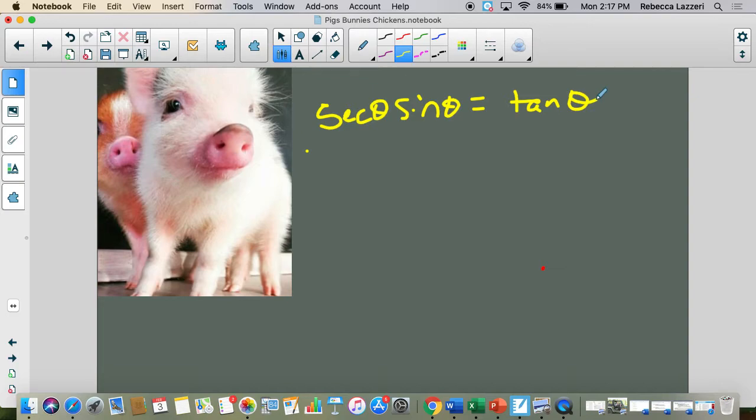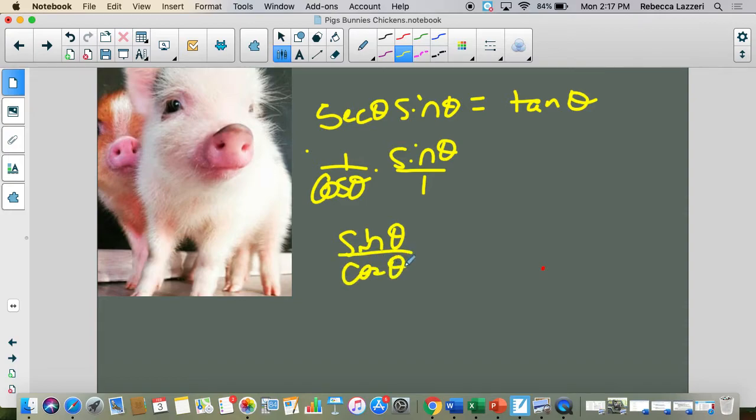Which one of those 2 words would you be more prone to change? More apt to secant. So I'm going to change secant into 1 over cosine. And I'm just going to leave sine alone. Isn't that sine over 1? Yeah. I mean, I'm okay with that's all you do, and then you just write tangent. But a lot of y'all are going to want to write sine over cosine. And then I've told you the other day, you have to go in and announce, I know what that is.